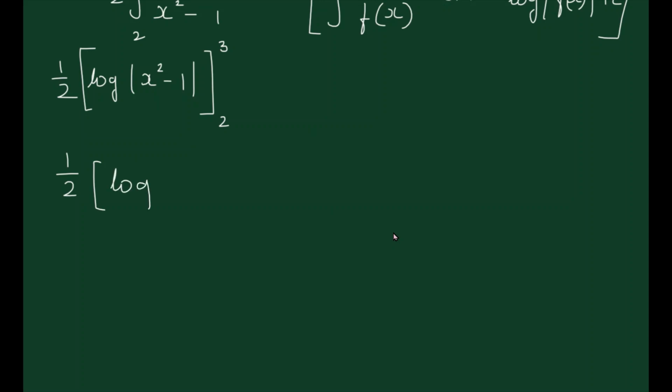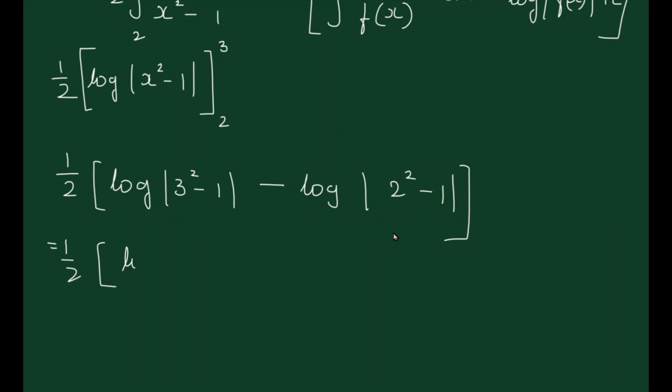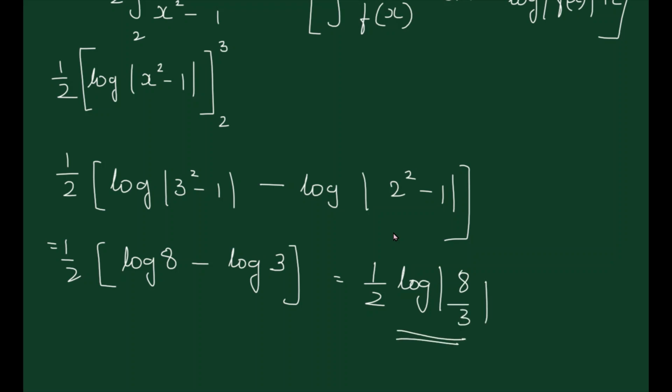The upper limit of integration is applied first, so log of 3 square minus 1, minus log of 2 square minus 1. Which comes out as half log of 3 square minus 1, that is 9 minus 1, 8, minus log of 2 square minus 1, 4 minus 1 comes out as 3. By combining the logs we write half log of 8 upon 3. So this comes out to be our answer over here.